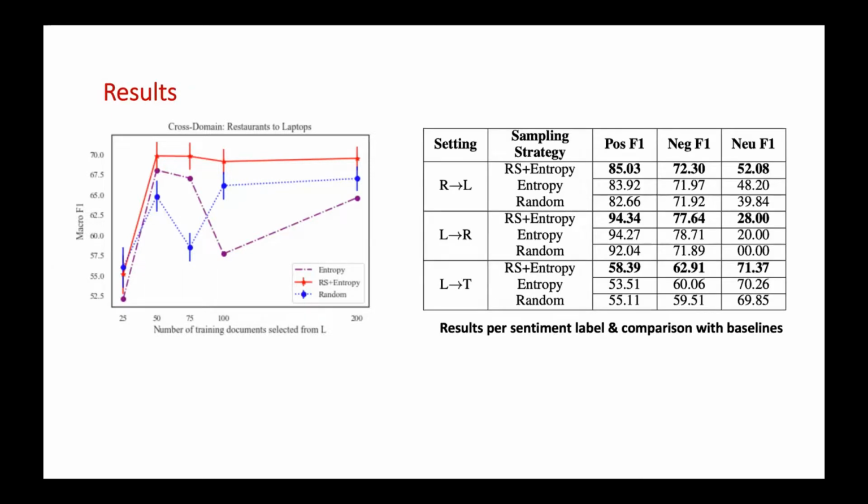A more detailed set of results are on the right-hand side. Here we are showing for each cross-domain setting the performance of our method and the baselines for each particular sentiment label. And you can see here as well, our method seems to outperform the baselines across each of the various sentiment labels as well.